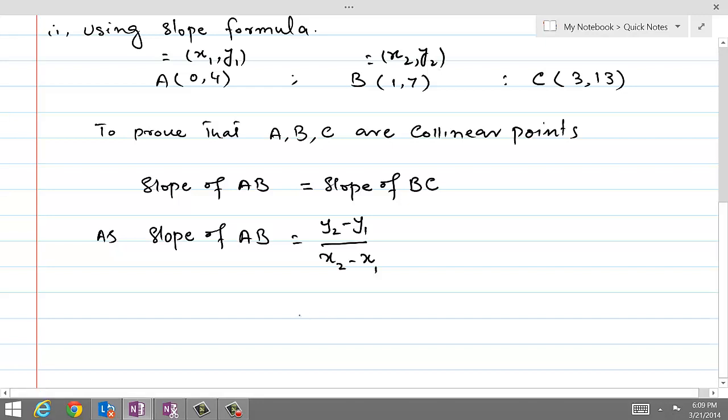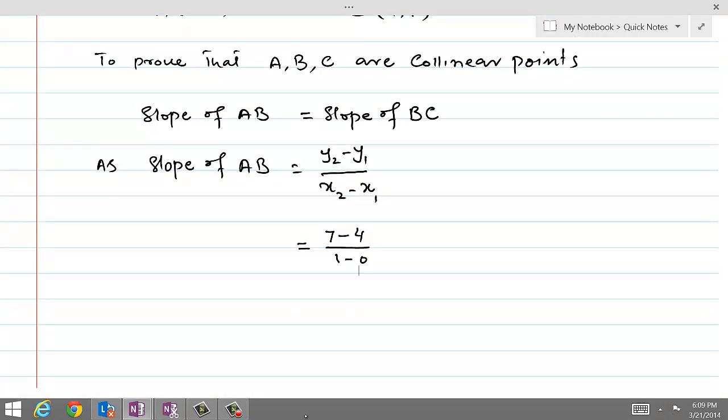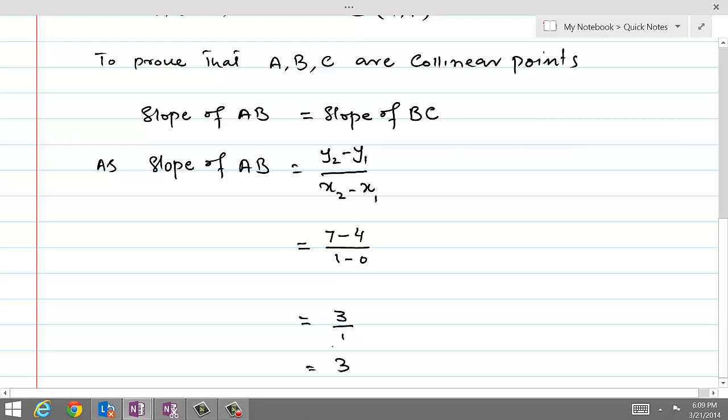So let's substitute the values and this will give us 7 minus 4 divided by 1 minus 0. This is equal to 3 over 1, which is again equal to 3.